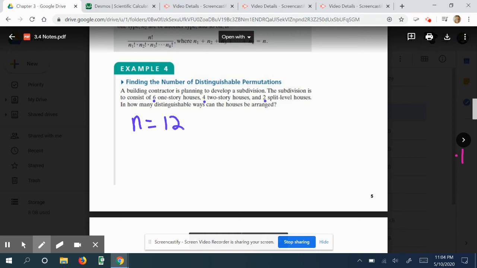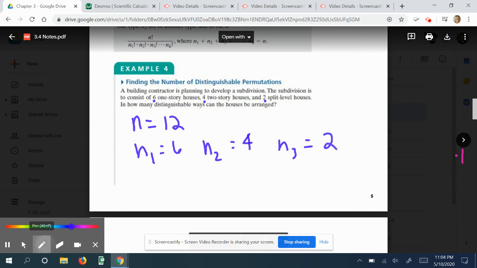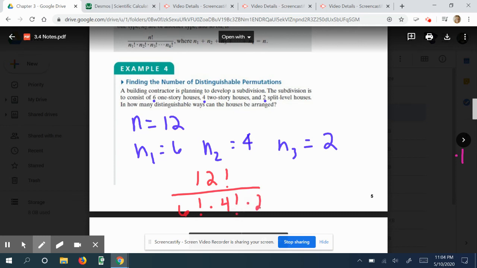Now, there are 6 of one type, so we'll say n1 is going to equal 6. n2 is going to be the two-story houses, which is 4, and n3 is going to be the split-level, which would be 2. And so to figure it out, we're going to say it's 12 factorial over 6 factorial times 4 factorial times 2 factorial.